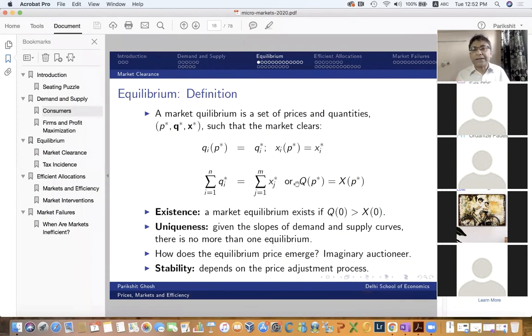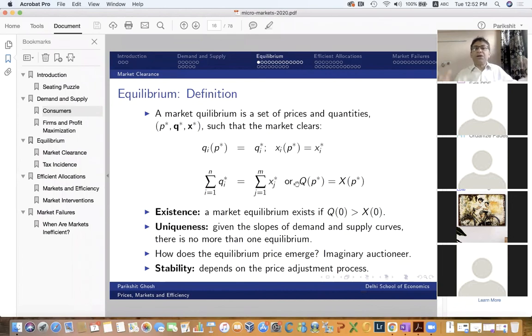But most markets don't have an explicit price formation procedure which is centralized in the market. For example, if you go to your local vegetable market buying vegetables, there are many sellers and many buyers, but there's no authority in the market announcing that this is the price of brinjals and this is the price of potatoes and so on.